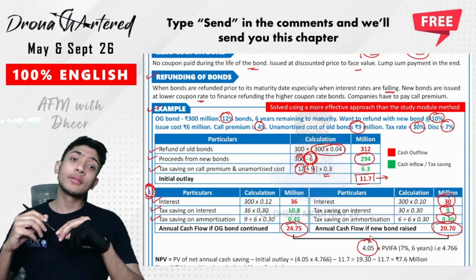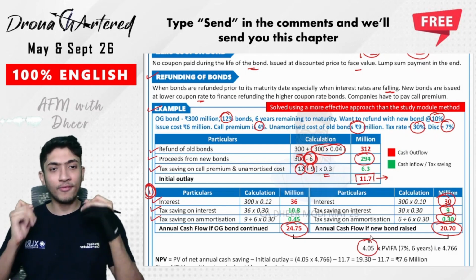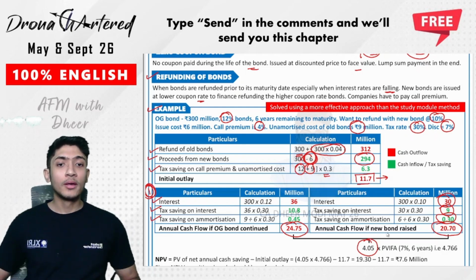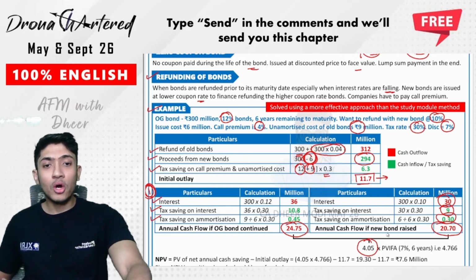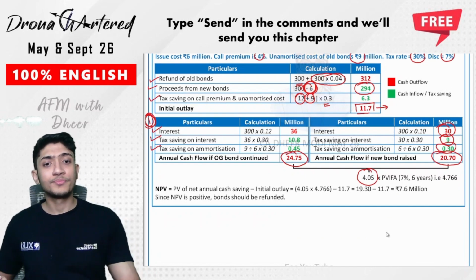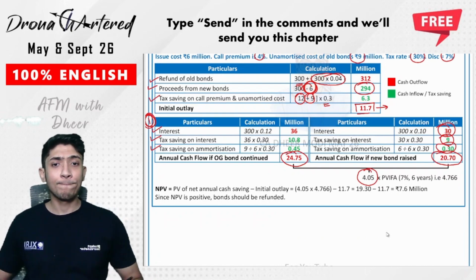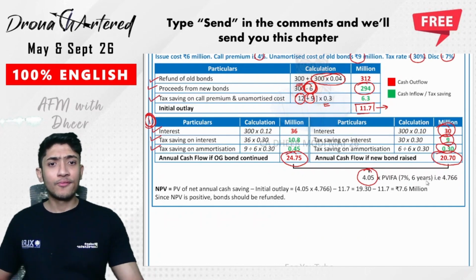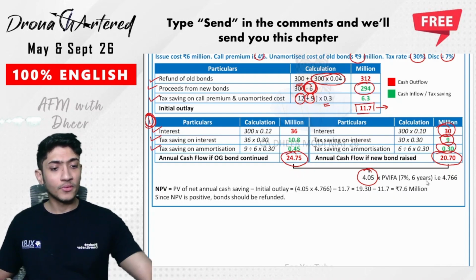Every year for 6 years at the rate of 7%. If we find out the value, how much does it come to? 4.05 into 4.766.